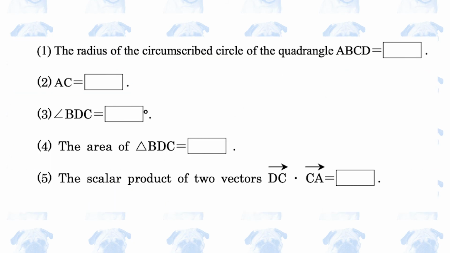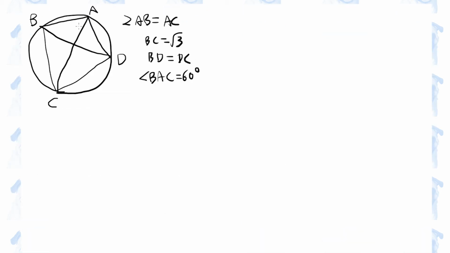Section 2. In this question, we have a quadrilateral ABCD inscribed in a circle. In part 1, we need to find the radius of the circle. BAC is 60 degrees. We also know that BDC is 60 degrees.